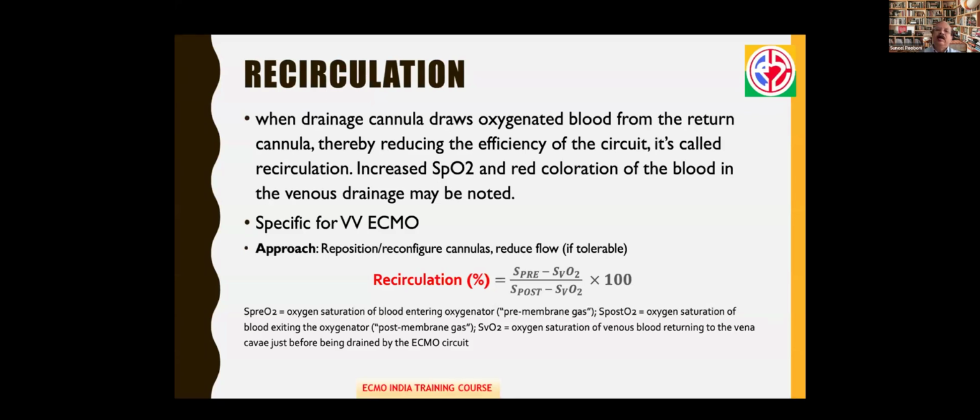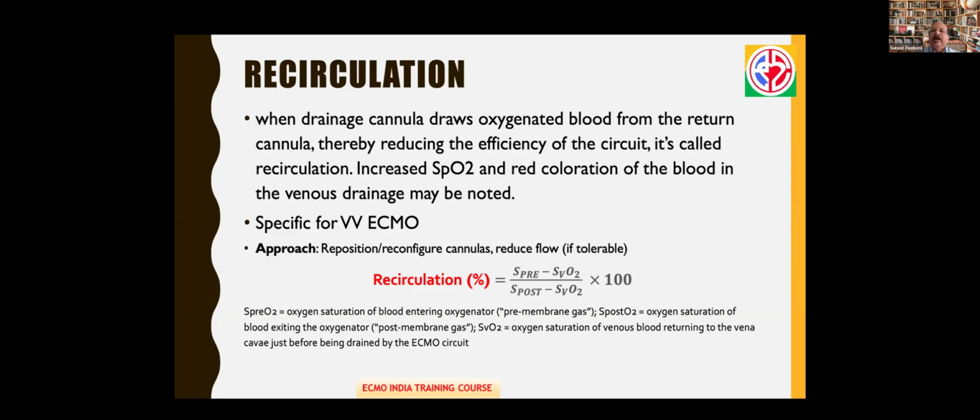You can also assess the percentage of recirculation. It is very difficult to run VV ECMO without recirculation. With a dual-lumen cannula, they attribute around 2 to 4% of recirculation. But otherwise, if there are single cannulae, depending on the distance between the drainage cannula and the returning cannula, the recirculation fraction might change.